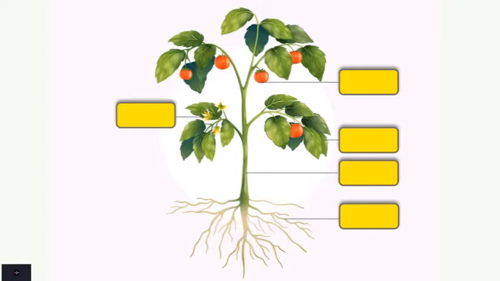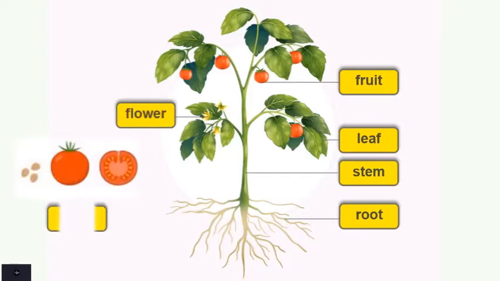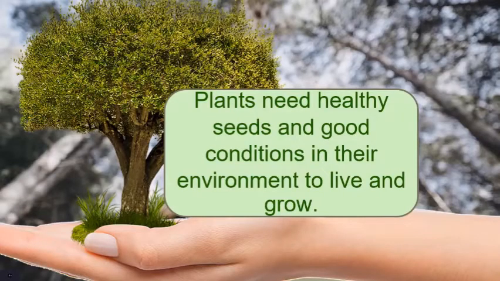Let's try to label the parts of the plant. First, we have root, stem, leaf, fruit, flower, and seed. Plants need healthy seeds and good conditions in their environment to live and grow.